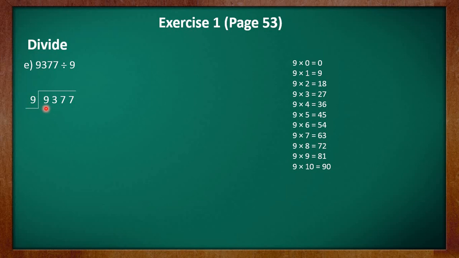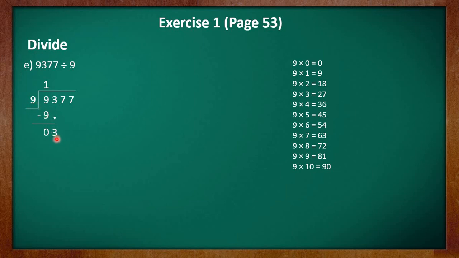And we know that 9 comes in the table of 9 at 1. So we will write 1 in the quotient and we will subtract 9 from this 9, which gives us 0 as the difference. Now let's move to the next digit in the dividend, which is 3. Let's bring this down. Now kids, 3 is smaller than our divisor, which is 9, right?